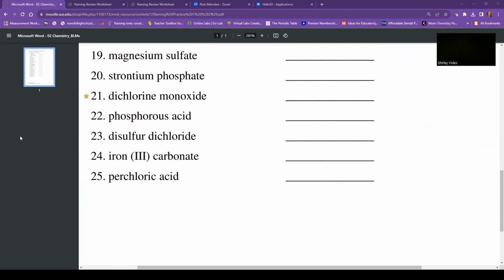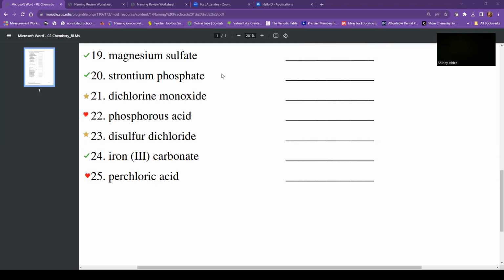Oh, there's an acid. Sorry, I missed that one. Phosphorus acid. I forgot about you. Oh, and there's another acid. I see you. Okay, and then the rest are covalent. So we could just put a check on those. So these are ionic. Sorry, I meant to say.